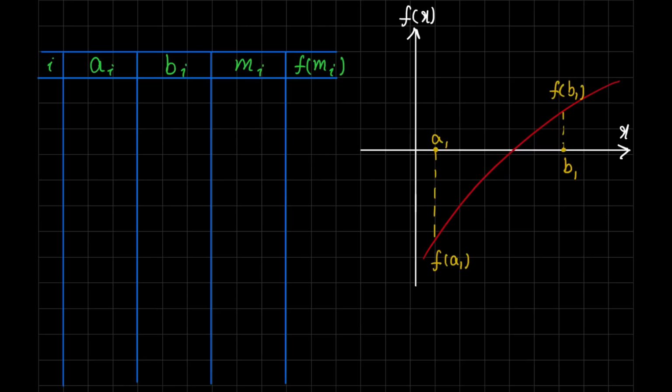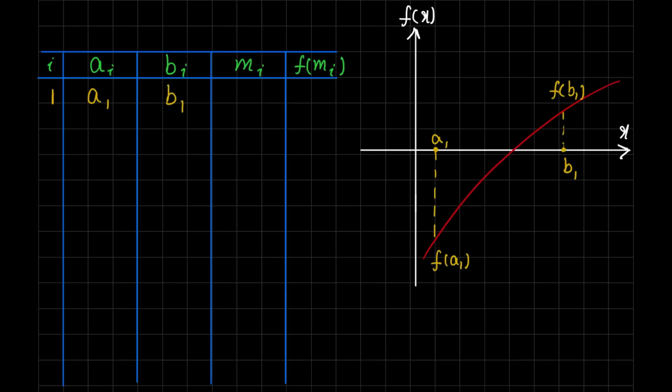We evaluate the function at the interval's midpoint and examine its sign. For example, here assume we are in iteration 1. So the first column is i, standing for iteration, and we are on iteration 1. We have a1 for the second column. For the third column, we have b1, as we see on the graph.